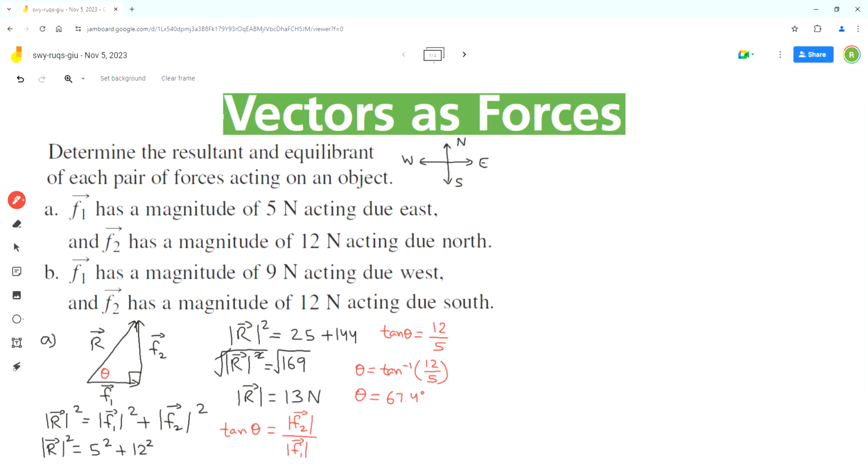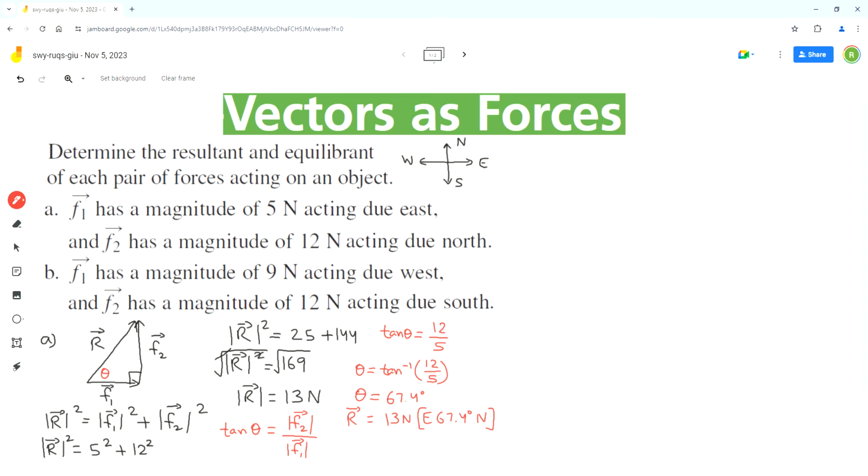So the resultant for F1 and F2 is, so we start with the magnitude, 13 newtons, and the direction, which is east 67.4 degrees north.